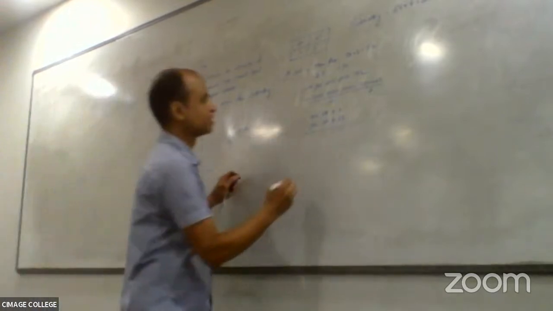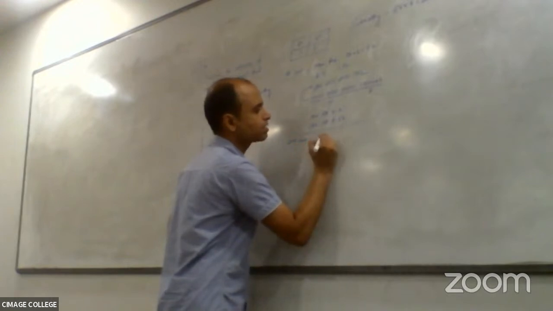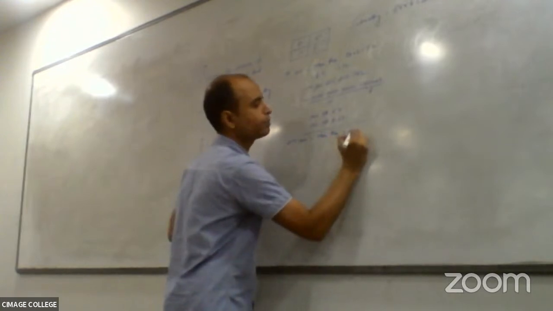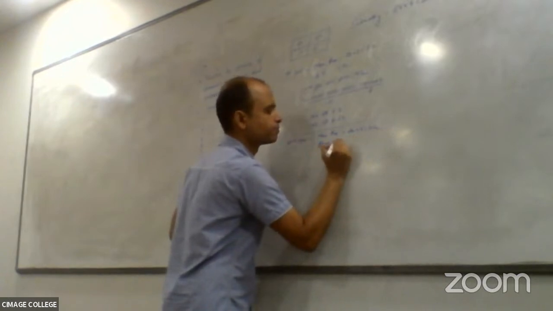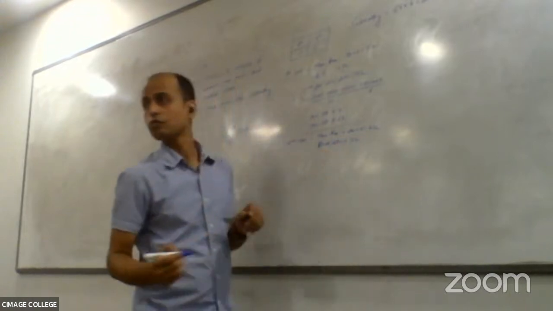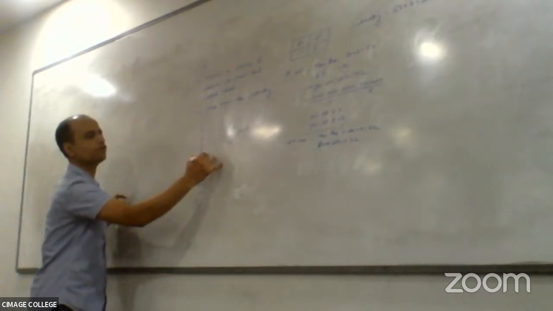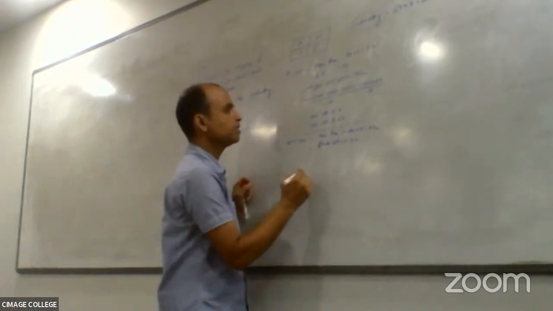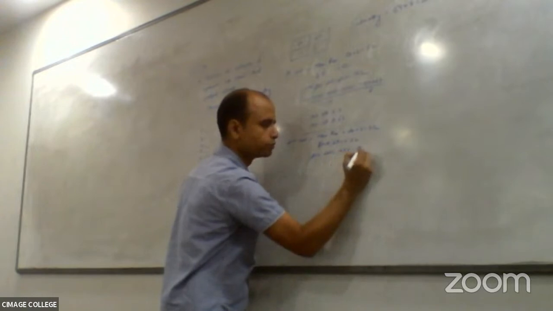For second network, maximum requirement is 20 plus 2, 22. Then the block size will be 32. Then the host bits are 1, 2, 3, 4, 5, so 5. See this table. In this case, subnet mask will be 255.255.255.224.